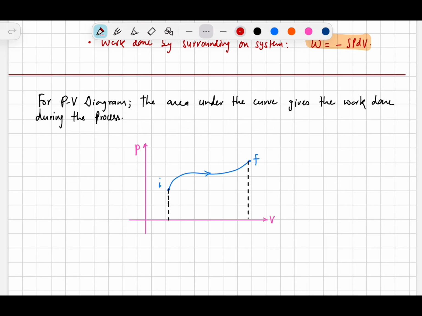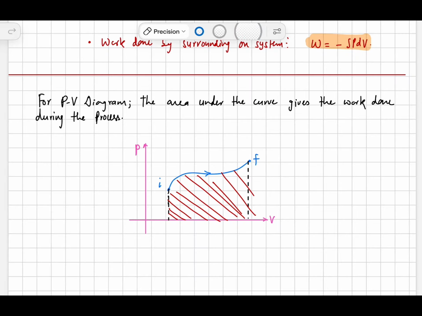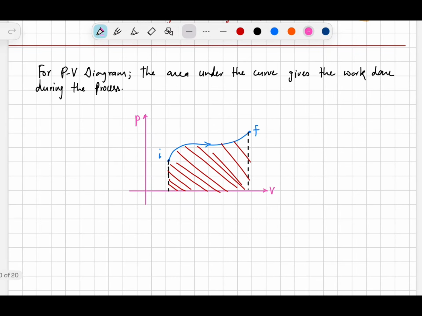Fine. So whatever will be this area, that will be the work done. We don't know if this is work done by system or surrounding, that is a different story, but the area under the curve is going to be the work done.